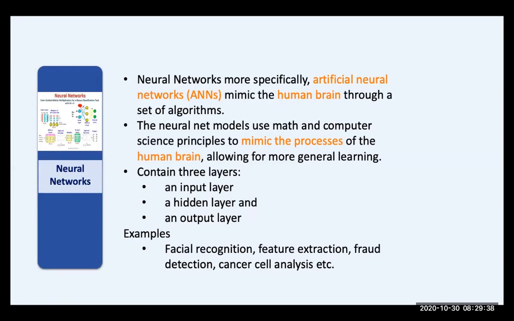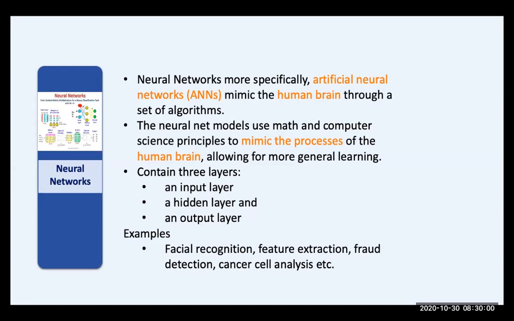Whenever data comes in, it passes through these different layers, and the hidden layer is the one that tries to find the different combinations. It's more like a permutations and combinations concept, where the algorithm itself tries to find out the best combination.